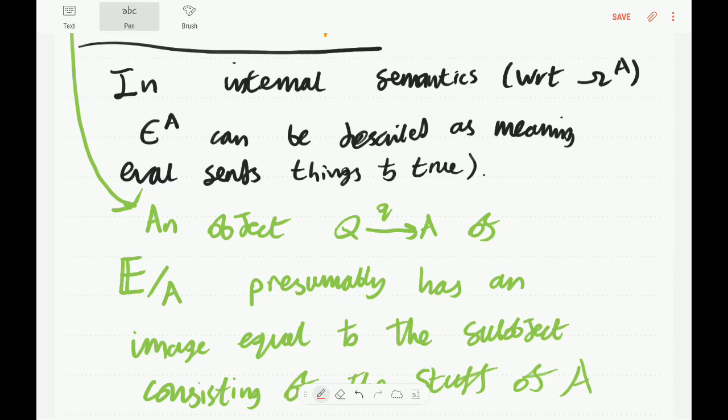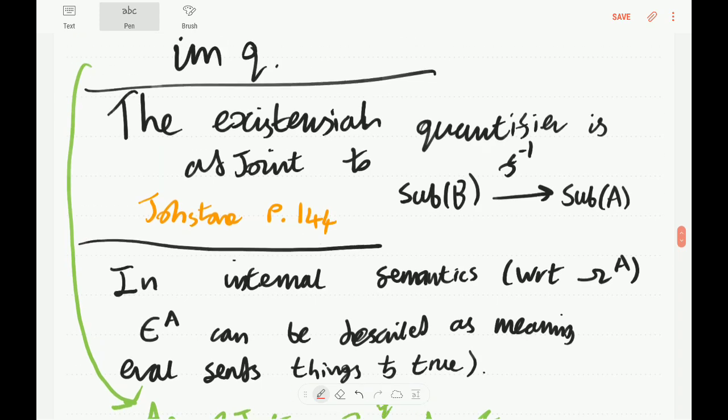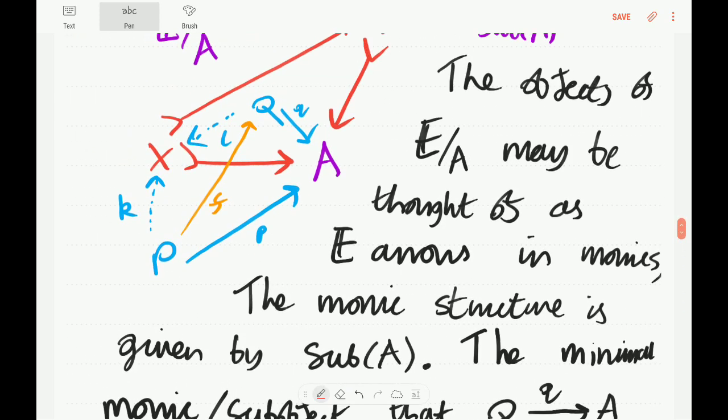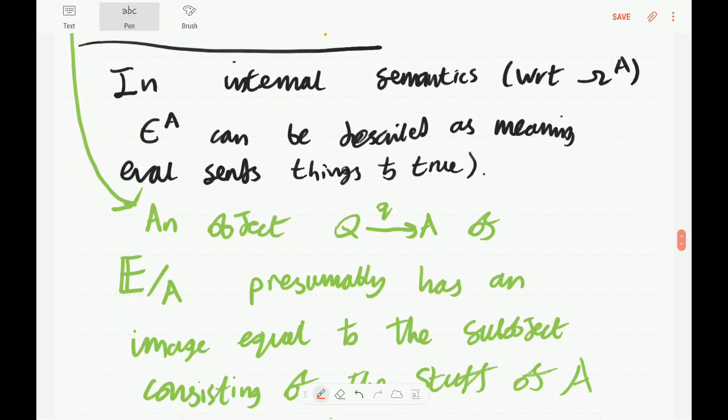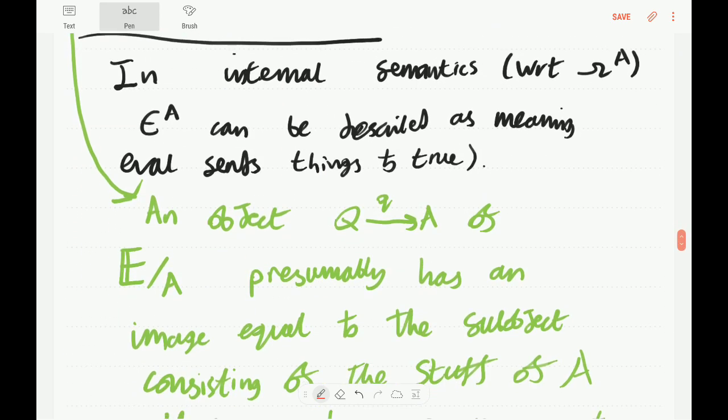If you're looking at the fibers of an arrow Q over some element Z of A, or over all the elements Z of A, say we're dealing in sets, you find all the non-empty fibers, then if you replace each of those fibers with a single element, I think you get the image of that Q. So that's a way you can relate the fibers with these images, these minimal subobjects that the things live in.